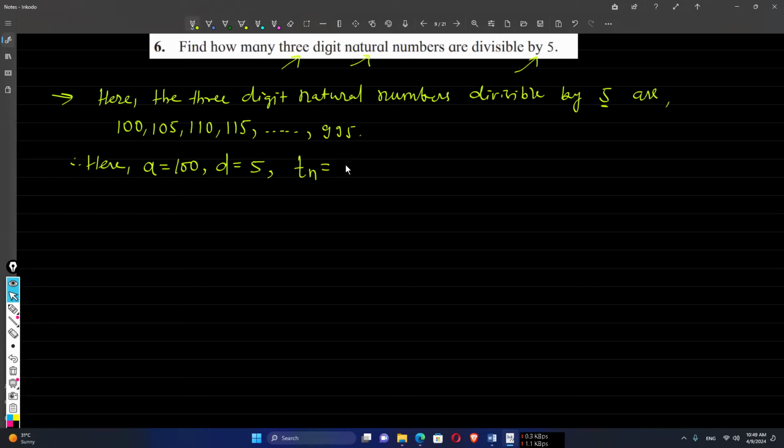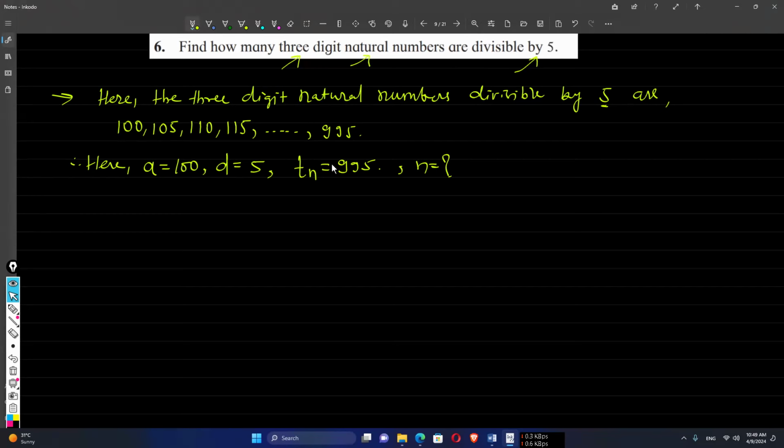So Tn's value here is 995. So it has been asked how many 3-digit natural numbers are divisible by 5? Meaning we have to find the value of n. Okay, what we have to find? The value of n. So this can be done using the Tn formula again.